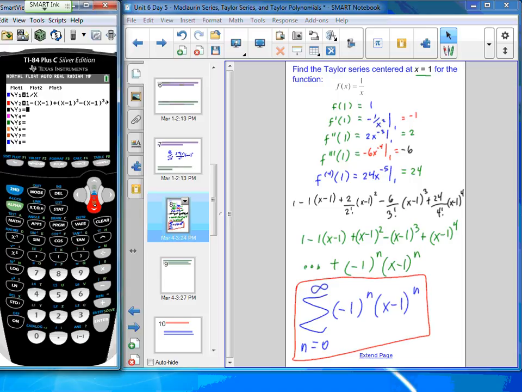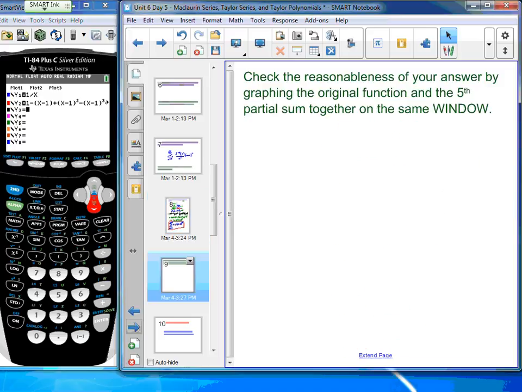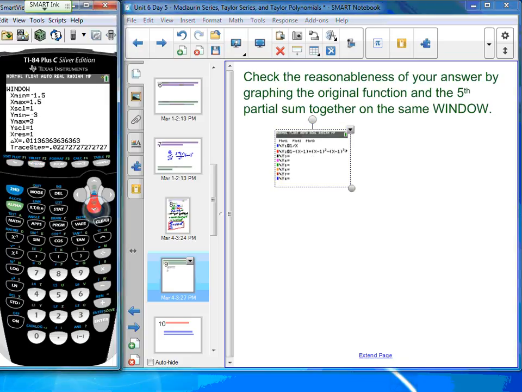Okay, so what window do we want? We want to check around 1 over x, and we are centering on x equals 1. So let's try maybe negative 2 to 4, right?